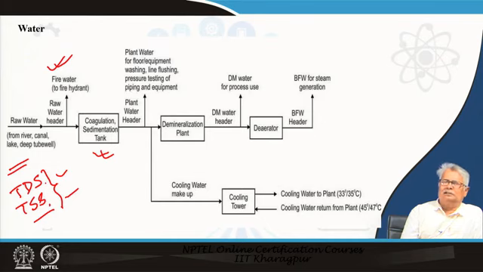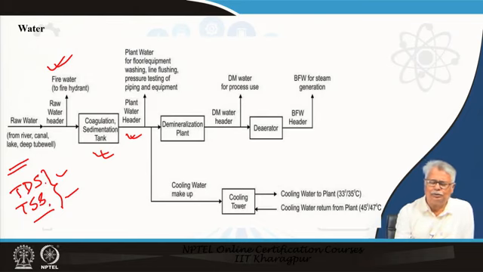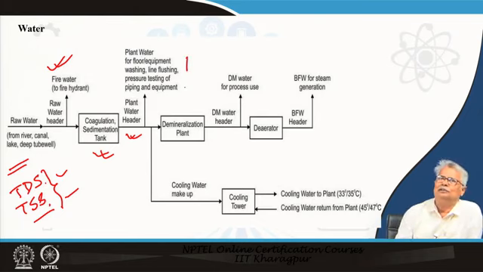After sedimentation is over and the TDS and TSS reduce, in fact TDS does not reduce much, TSS gets reduced a lot. You may have a small sand filter from which you will be getting this supply, and from here your plant water will be sent to the different plants, mainly for floor and equipment washing, line flushing, and sometimes for pressure testing also.